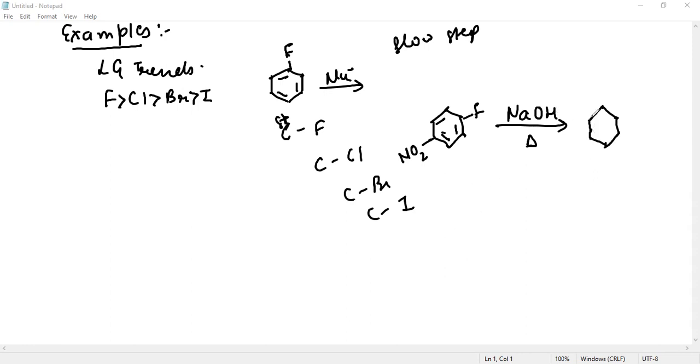You can draw it like this also, but let's follow the benzene bonds I've drawn here. We put the OH group here, the leaving group would leave, and we are able to successfully put this OH group, which is a nucleophile, on this benzene ring. So this is one example of nucleophilic aromatic substitution.